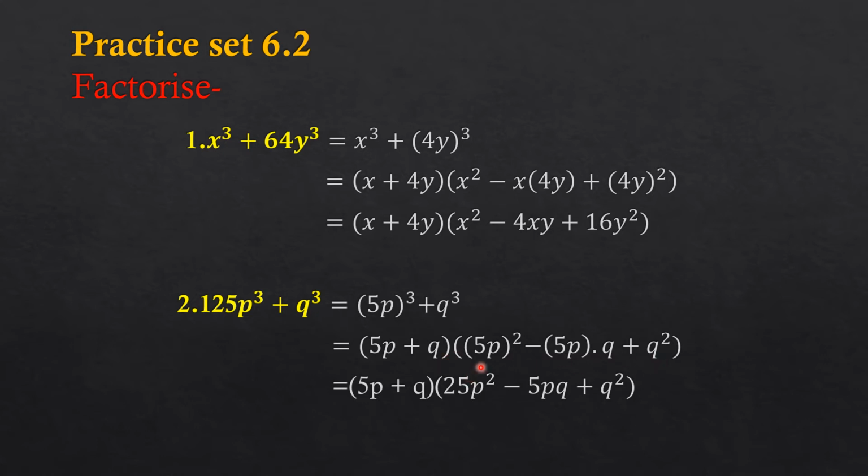In this way you can write this second bracket and then simplify it. We get (5p plus q) into (25p square minus 5pq plus q square).